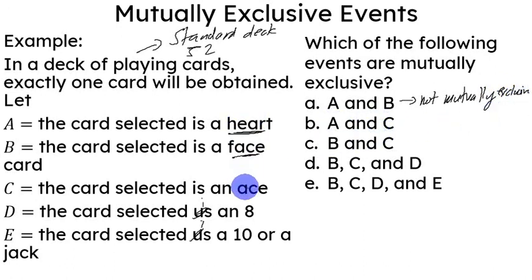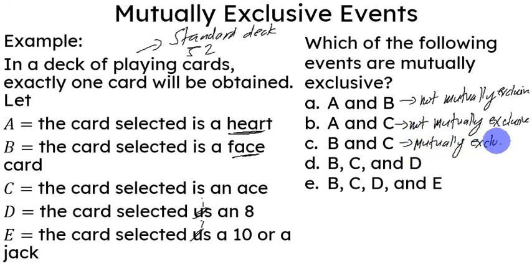A heart and an ace. We know that there's an ace of hearts, so this can occur at the same time. So A and C are not mutually exclusive as well. How about B and C? A face card and an ace. We know that the face cards are only Jack, Queen, and King. It cannot be an ace. So therefore, events B and C are an example of mutually exclusive events.